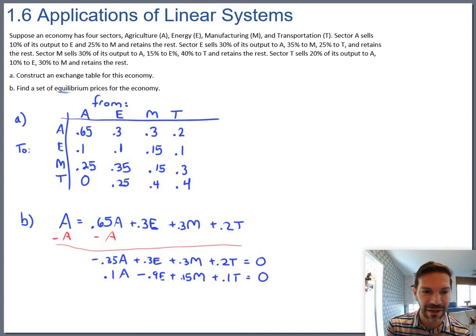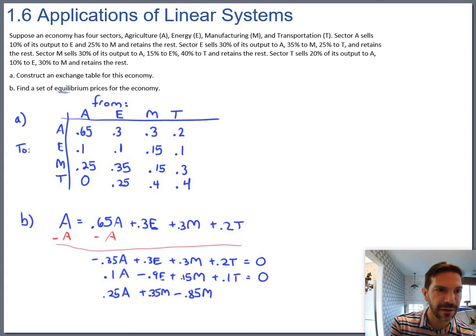Manufacturing equals A plus E plus, and that's where the manufacturing will get moved over. So let's get 0.25 A plus 0.35 E. Here's where we'll have minus 0.85 M. Oh, sorry, that's not an M there. That's an E. It's so easy to make typos on this. If you have made some typos, don't feel bad. I'm right there with you.